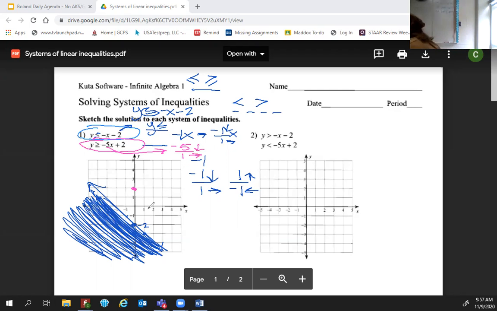So then, I'm going to count 5 down. Good. 1, 2, 3, 4, 5. And over 1. So excuse that little mark right there.